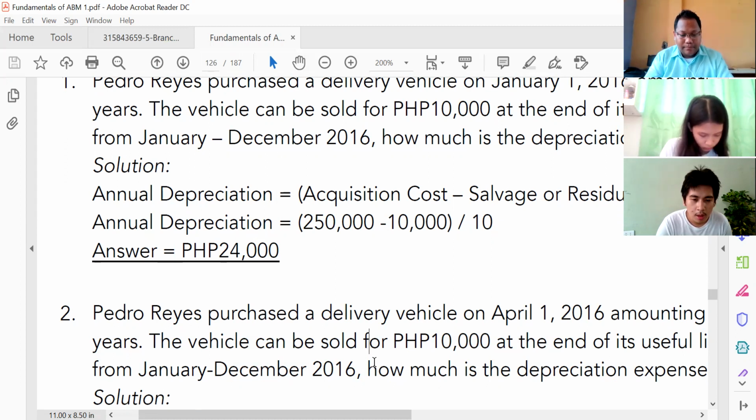Different from number 1, where the purchase of the vehicle was on January 1. That is why it's to be computed right away for that year. But in number 2, the vehicle was purchased on April 1, not on January. The computation of the depreciation expense is still to be from January to December 2016.